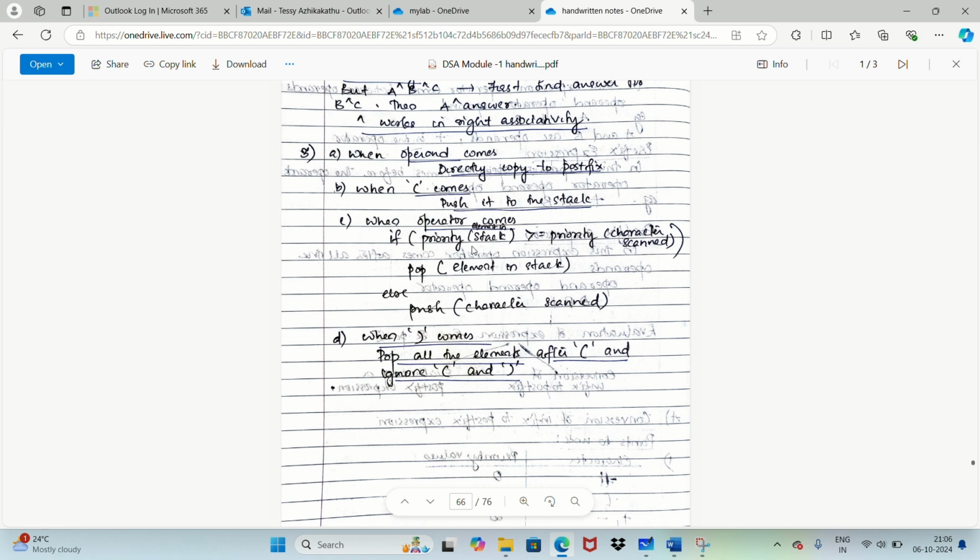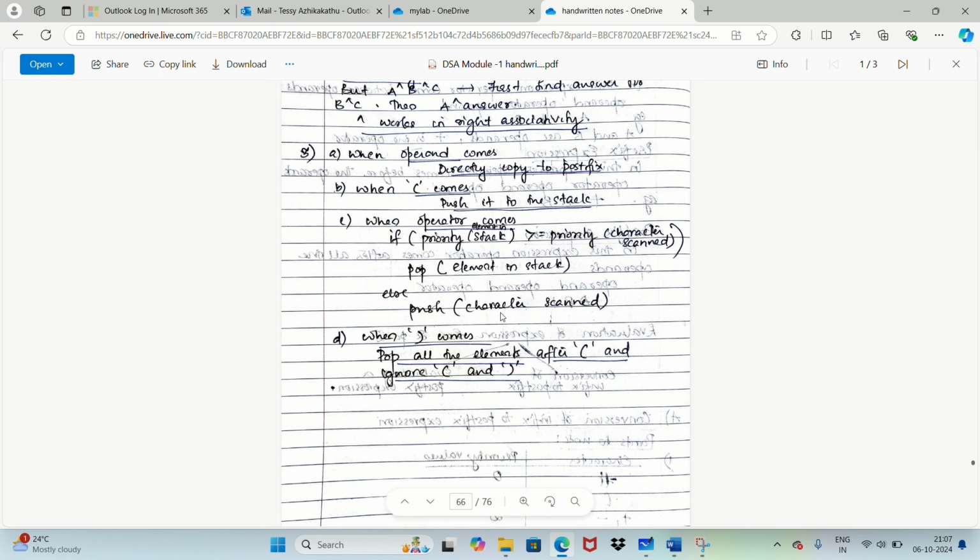If it is true, that is, the element in the stack has more priority than the character scanned, you pop the element from the stack. Else, if the priority is less, you push the scanned character. Finally, when the closing bracket comes, you pop all the elements until the opening bracket, and ignore the closing and opening brackets.